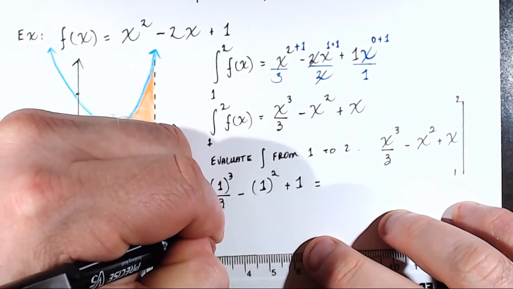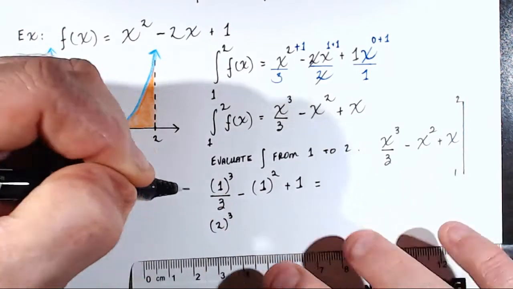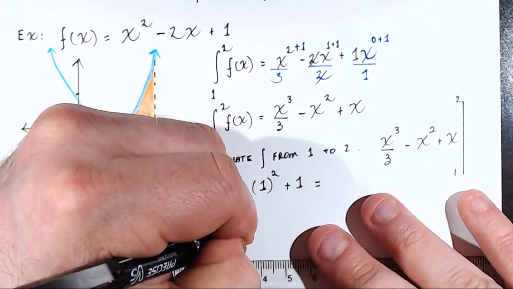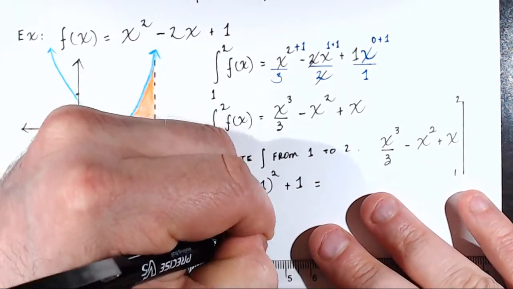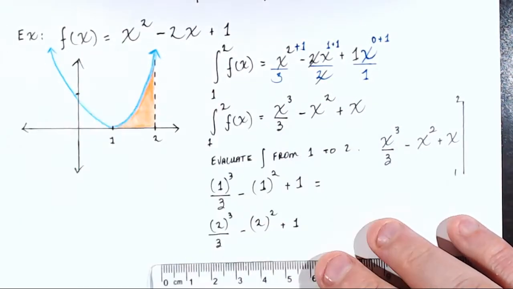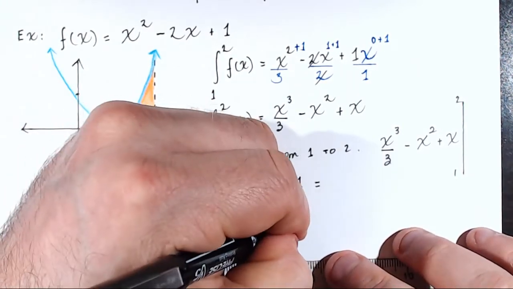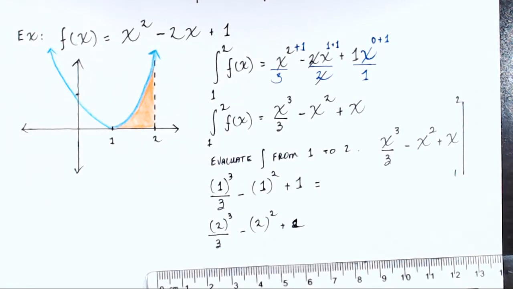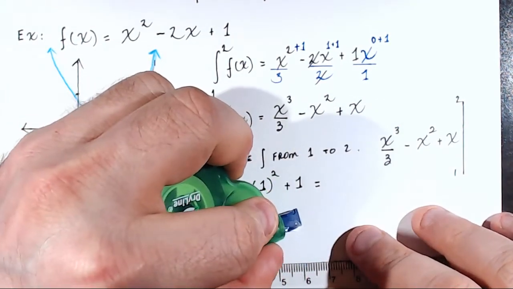So I'll put in here 2 cubed over 3 minus 2 squared plus 1, plus 2. Okay, let me make that clear.